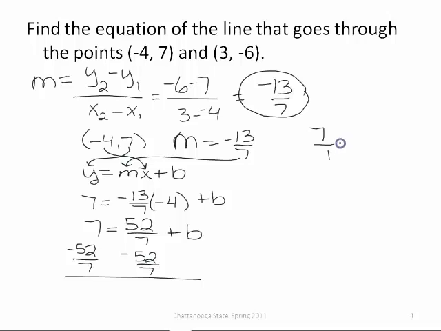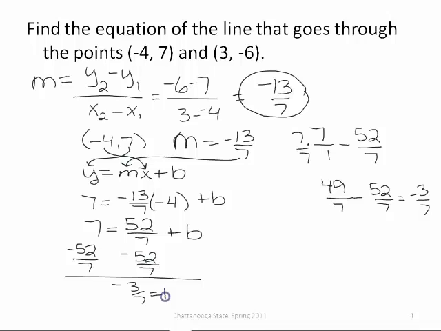Once again I need a common denominator: 7 over 1 minus 52 over 7. You see that it really is the same step. I still have to get the common denominator. This gives me 49 over 7 minus 52 over 7, which still gives me negative 3/7. So negative 3/7 is the value for b.